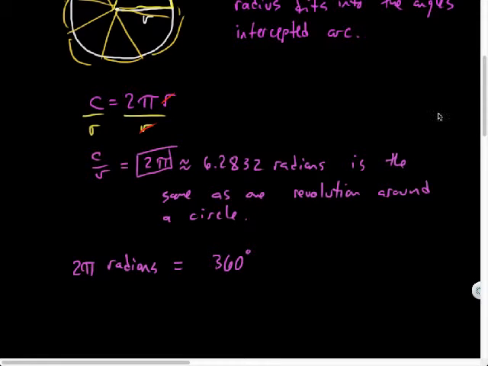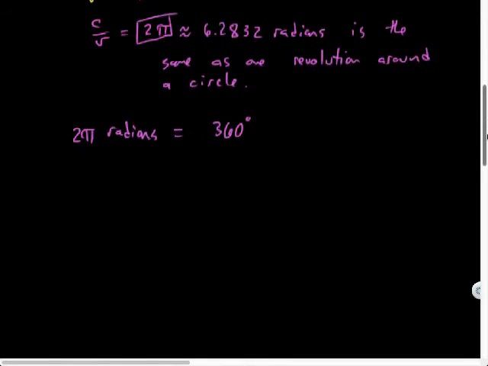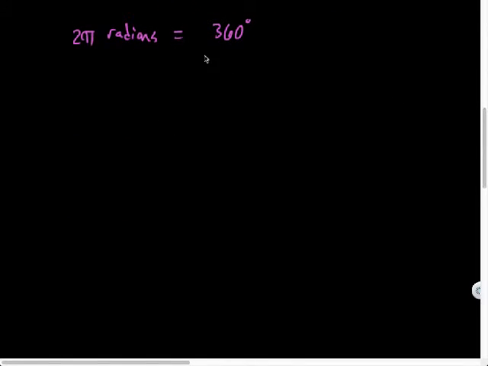If I wanted to find out how much 1 radian is in terms of degrees, well, 2 pi radians is equal to 360. One of the things I could do with this equation is divide both sides by 2 first of all. But let's just say I divide both sides by 2 pi.